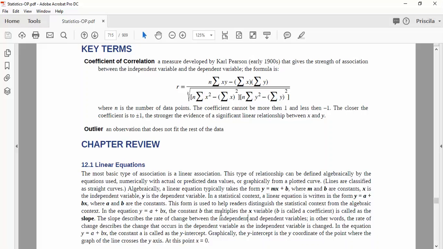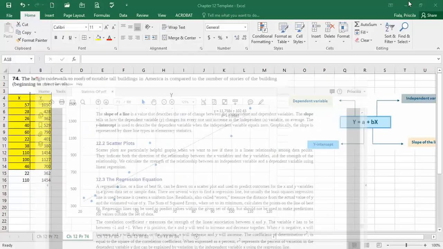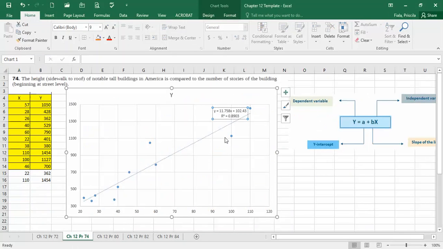Statistically, we have turned that around. However, in the equation right here, you can keep reading all that, but I just want to show you that if you're doing college algebra, that's the format you'll be seeing your equation.